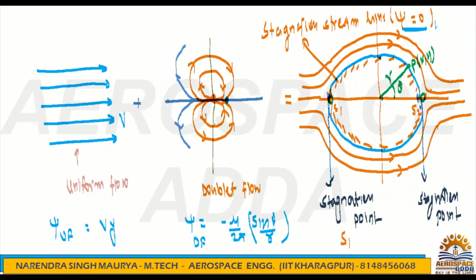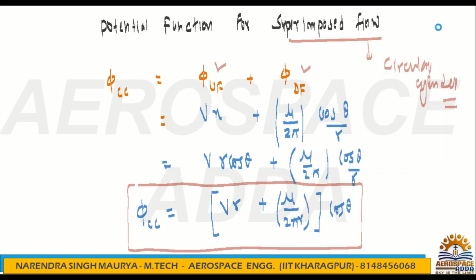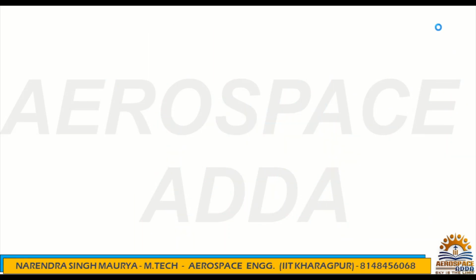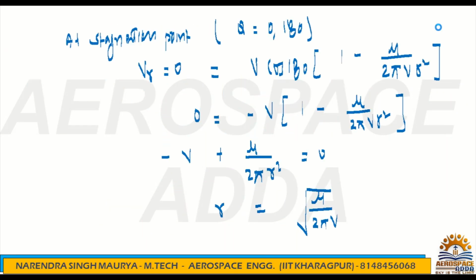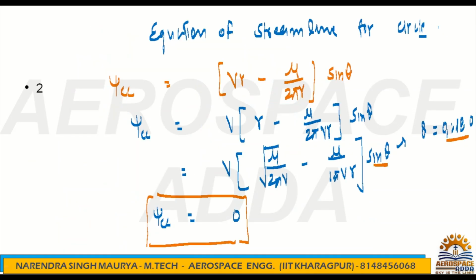So I told you by theory that psi will be 0, but now it is proved mathematically. See, psi cc is now 0. It's very easy, but each and every concept is very important. You can analyze each and everything, and it's very feasible. So I think for today it is done.